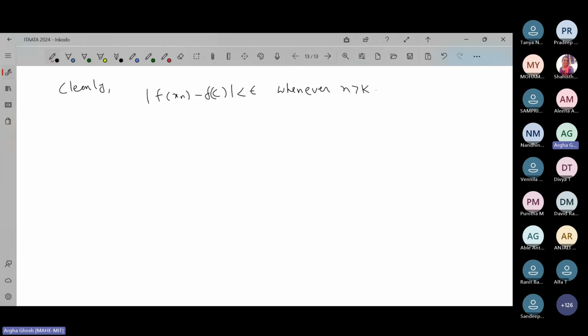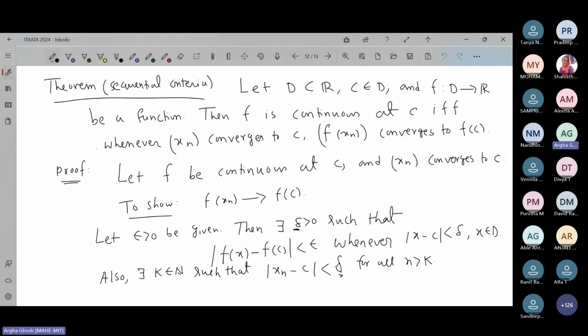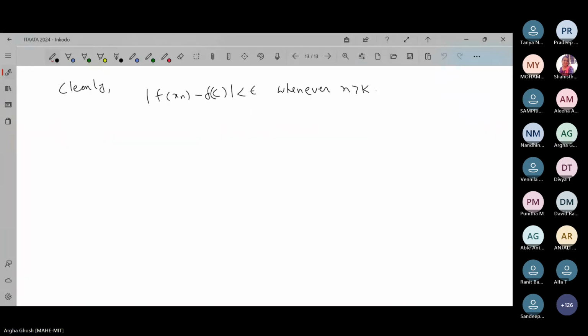Because |f(x) − f(c)| is less than epsilon whenever |x − c| is less than delta, where x is an element of D. Obviously, the xn's are elements of D. So in place of x now you have xn. |xn − c| is less than delta, so obviously |f(xn) − f(c)| should be less than epsilon. So this is nothing but f of xn converges to f of c. So this part is very trivial.